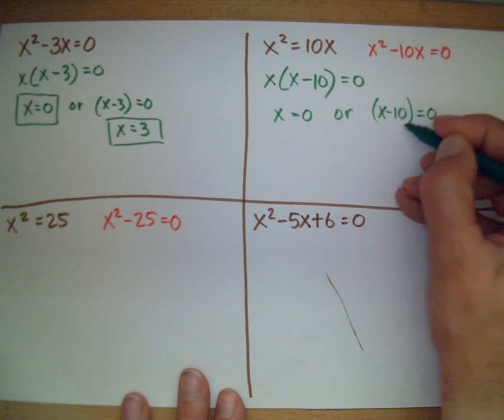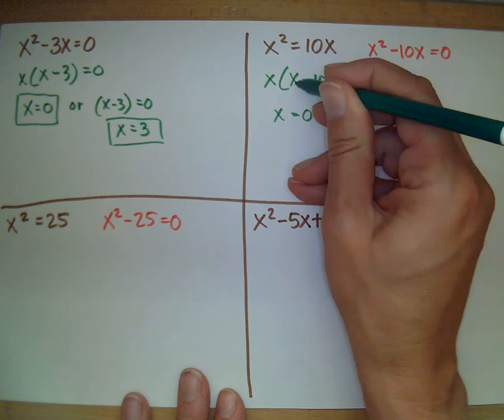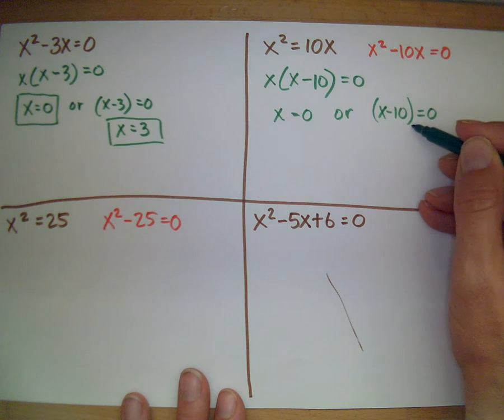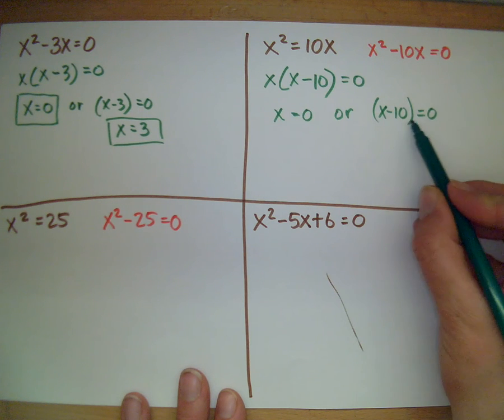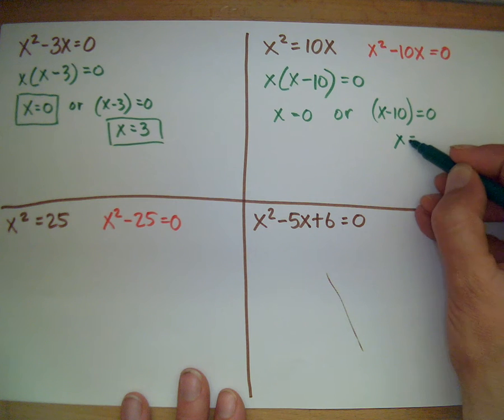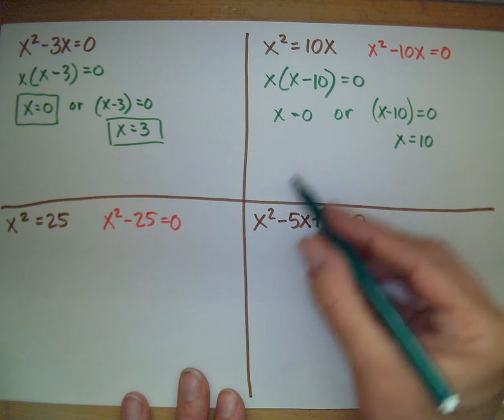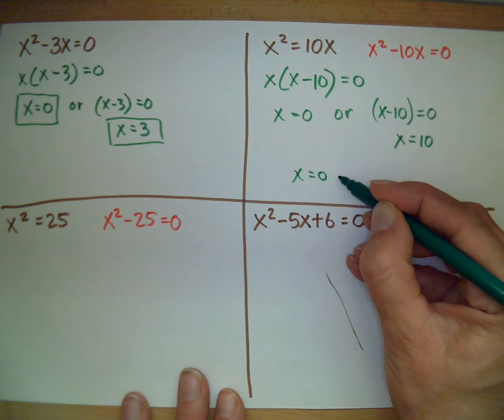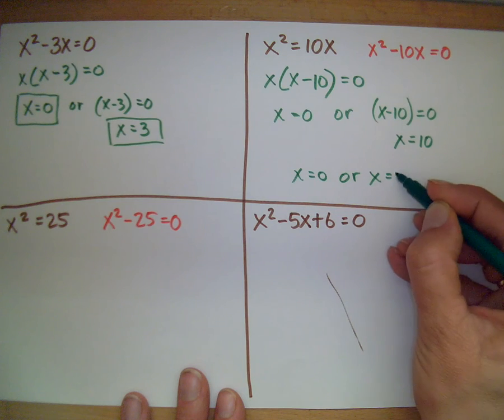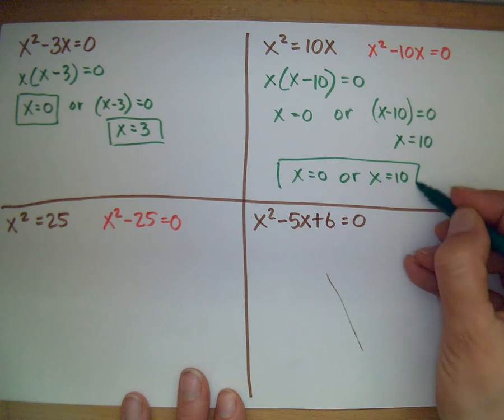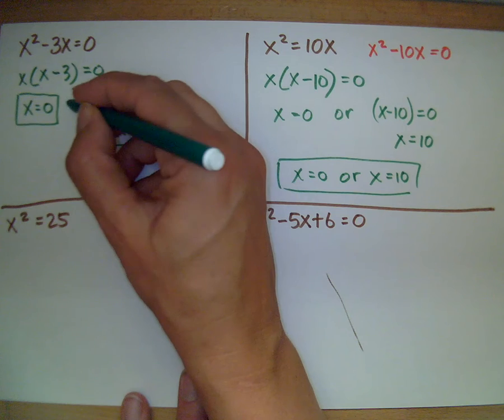I put the parentheses just so you recognize it from up there. We don't actually need the parentheses here, right? If this is equal to 0, then x equals 10. The proper way you would write your answer is like that, and then put a box around it.